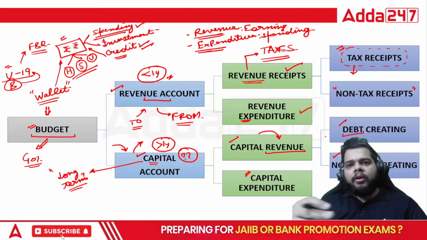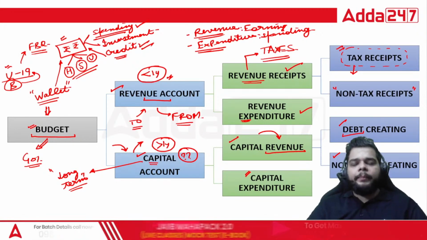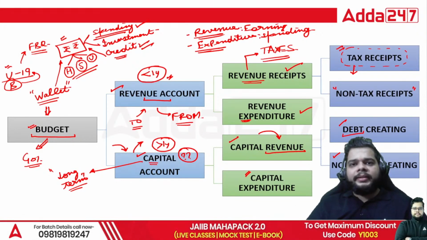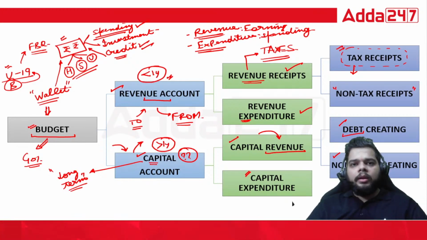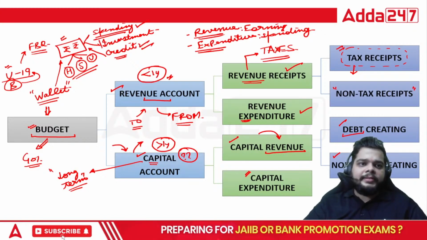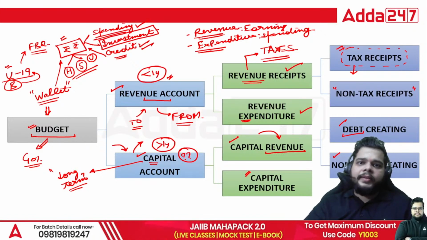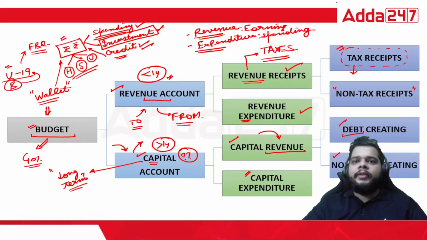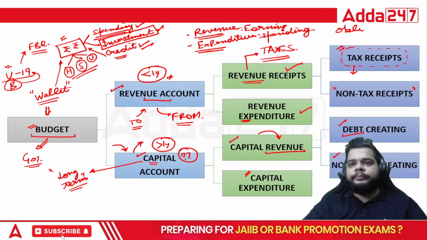So for a long term transaction, always remember, you will either have it as your investment, fine, which is for the long term, or it will be your obligation, fine.